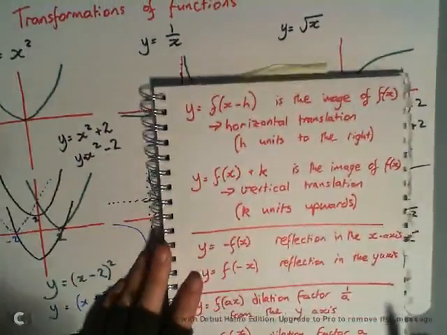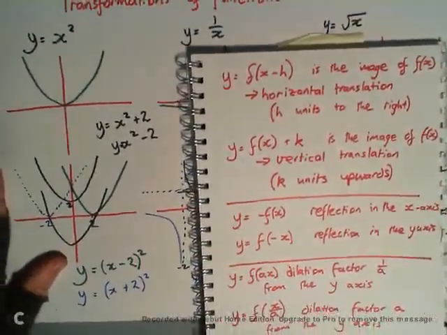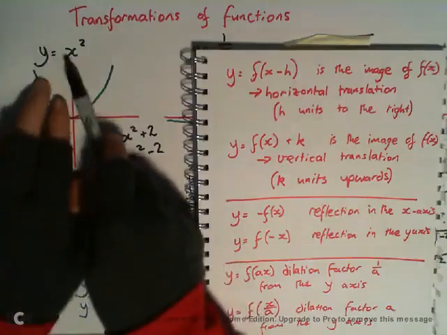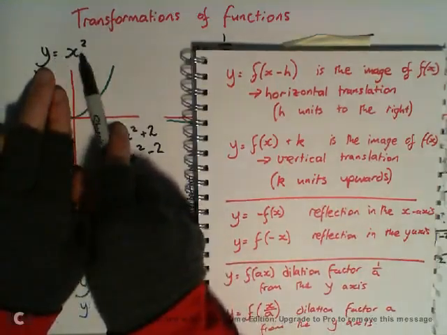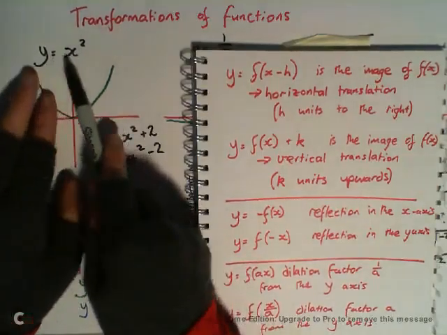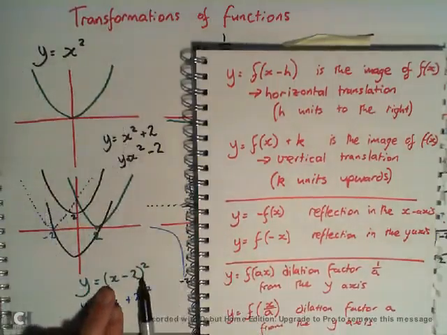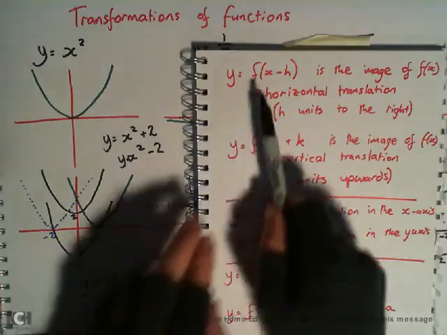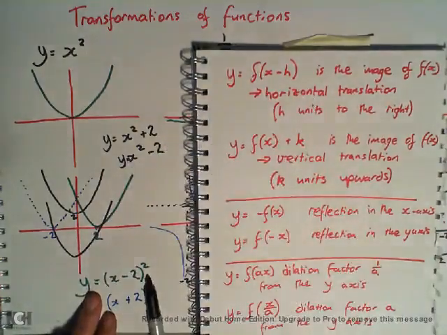So how has that worked? Okay, here's our original function, y equals x squared. We had 2 units to the right by x minus 2. So how does that relate to that?